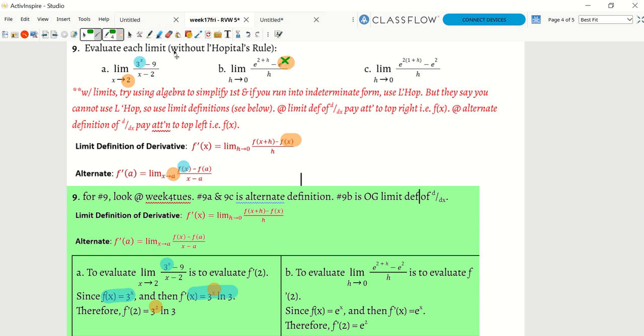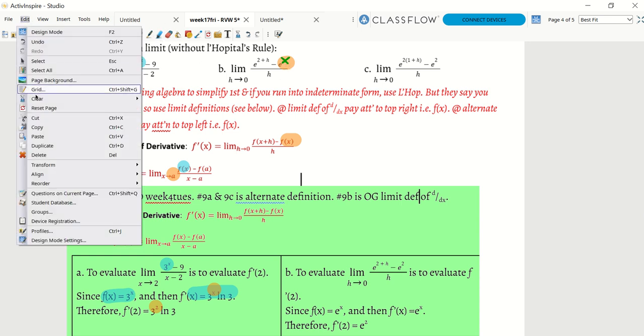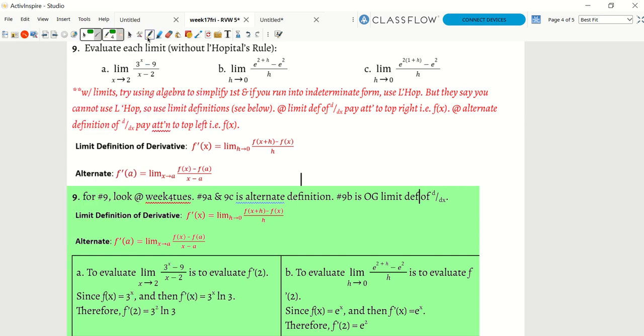They try to hide this x. So your original function is going to be e to the power x, and then you take the derivative of that, which is still e to the power x, and then they substitute in 2 for the x, so you plug in 2 for x, and you get e squared, okay?